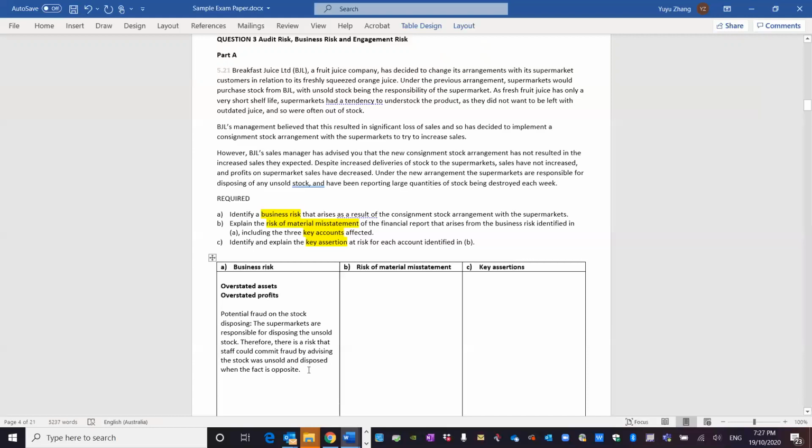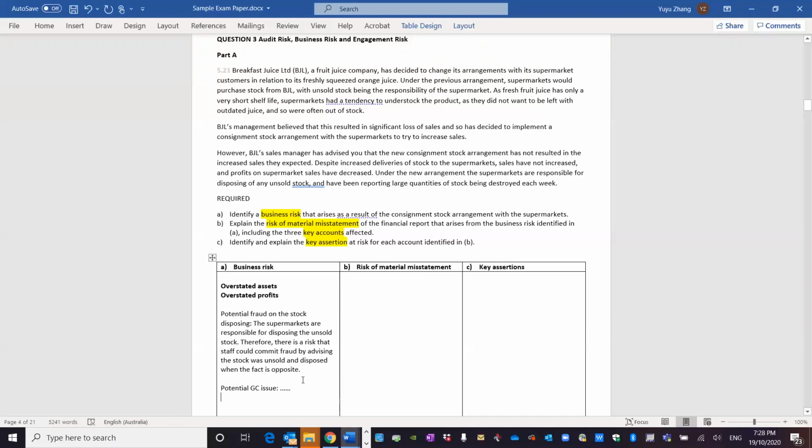So that is one identified business risk. Further, Anthony also mentioned there is a potential going concern issue. Okay.